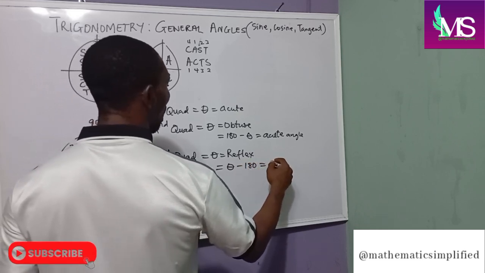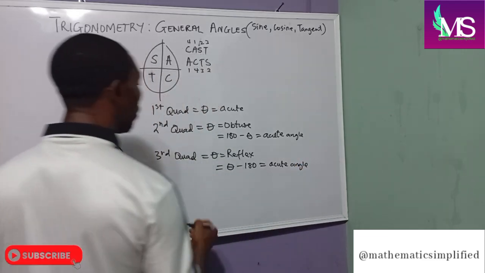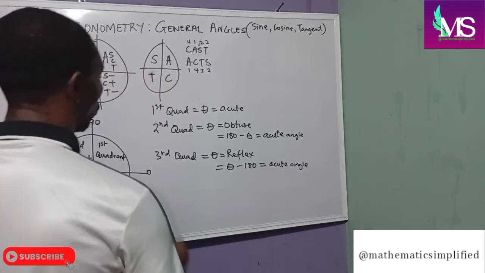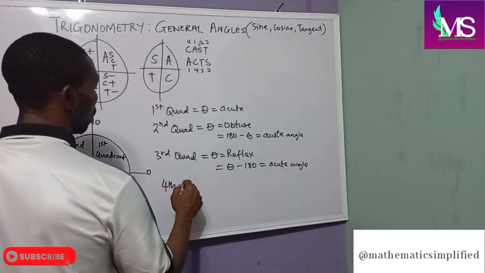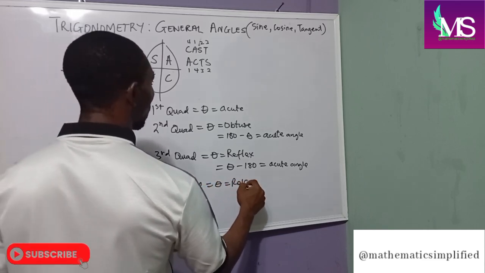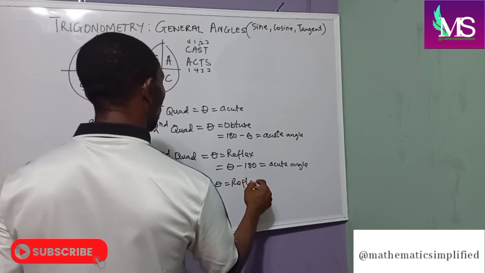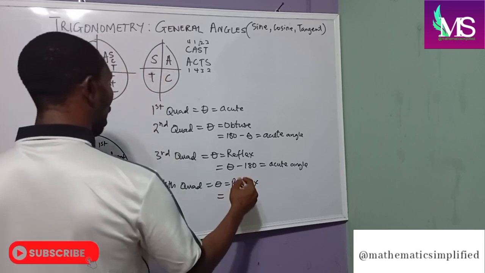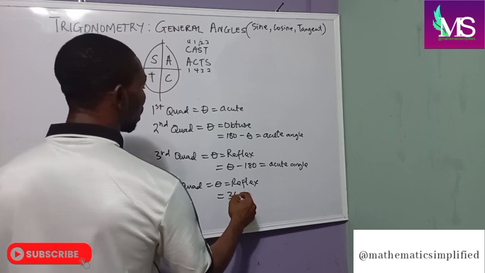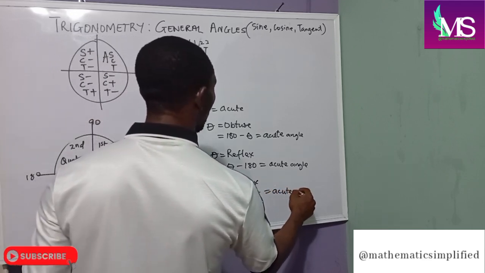Now in the fourth quadrant, our theta is also reflex, but to get our acute angle, we do 360 minus theta.